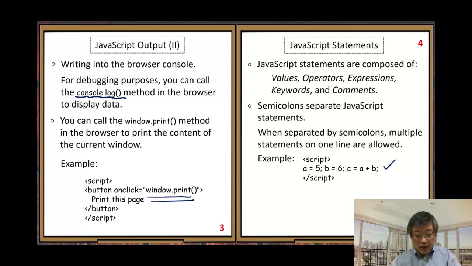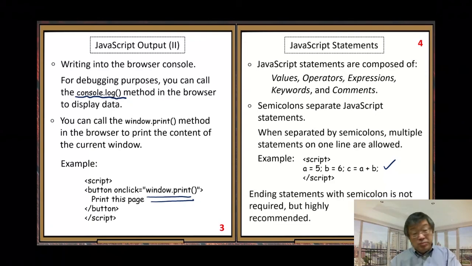All right. Next, there is something special here in JavaScript. Ending statements with a semicolon is not required. It's optional, not required. That means you can skip semicolons. But it is highly recommended. Why?